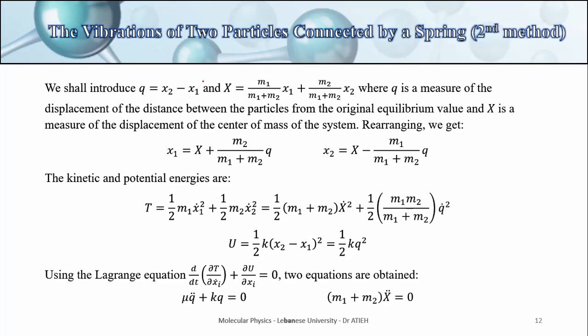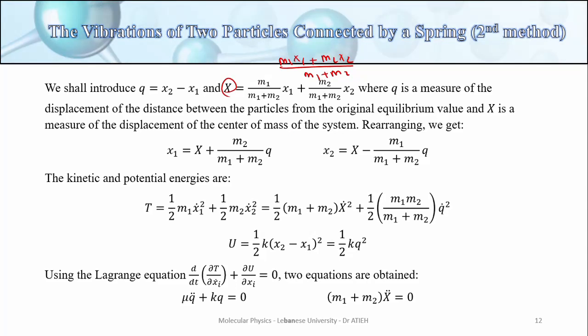Remember, q is the elongation or the compression of the spring. And x equals m1 x1 plus m2 x2 over m1 plus m2, where x, as it appears from its definition, is the displacement of the center of mass of the system from its equilibrium position.